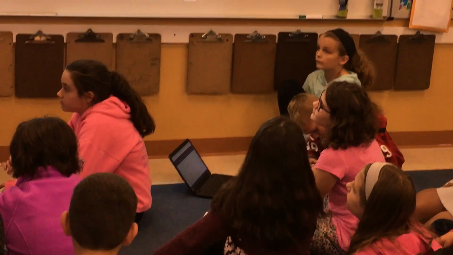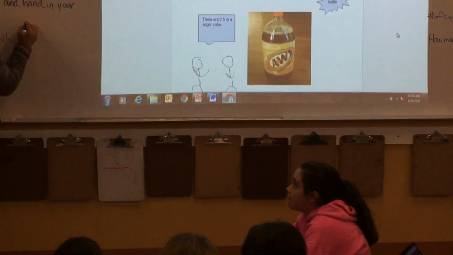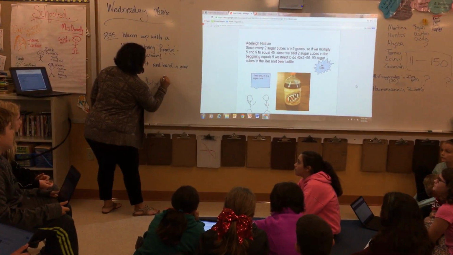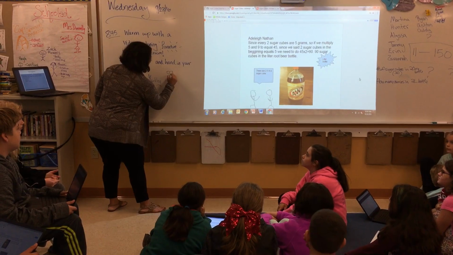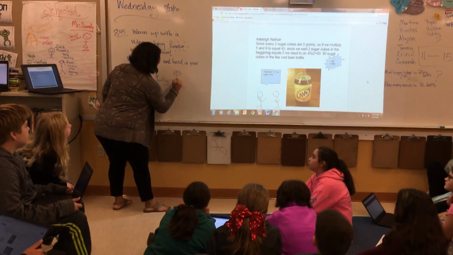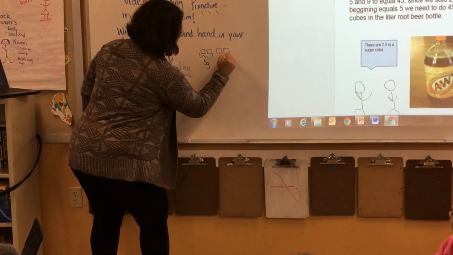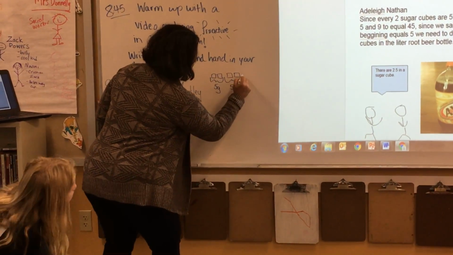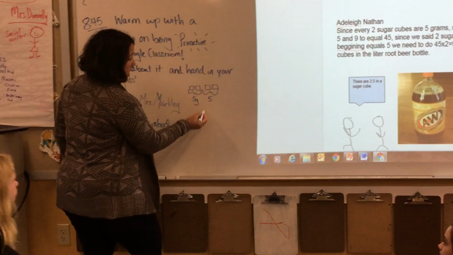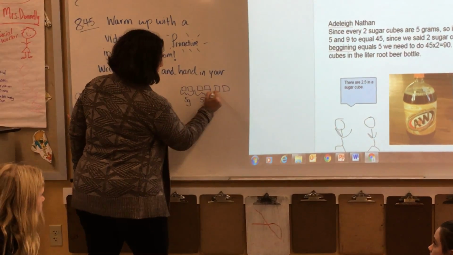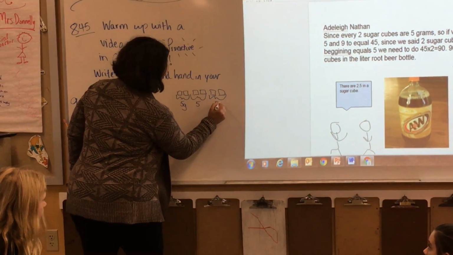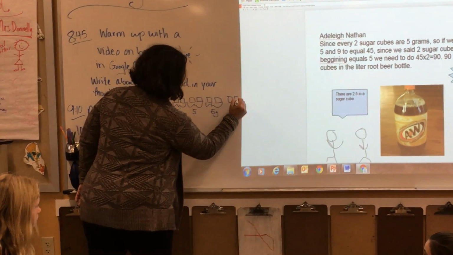I'm going to try to clarify a little bit about what you just did, because all of this was good reasoning. 2 sugar cubes equals 5 grams, okay? So we have 2 sugar cubes equals 5 grams. You figured out that you need 9, right?